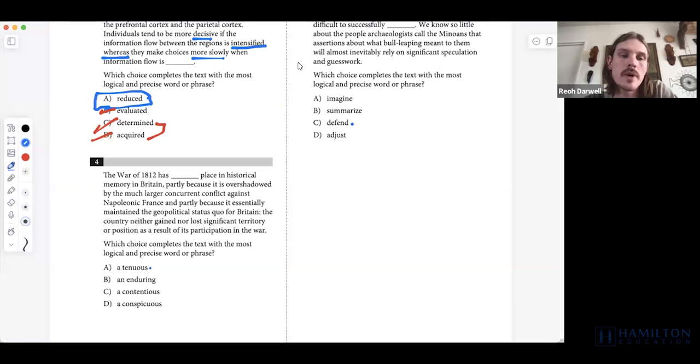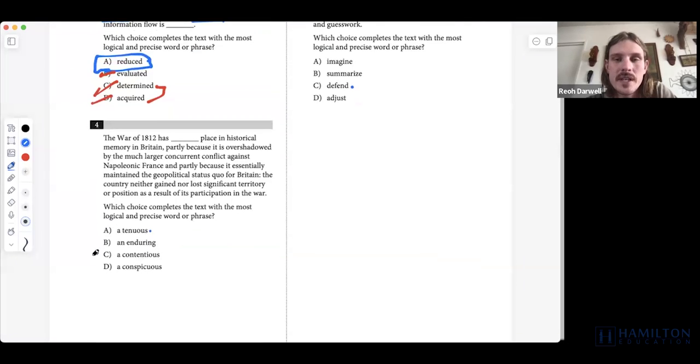Okay, 4 is a great SAT word and context question because this is exactly the kind of question we see very often. We see vocab that is fairly commonplace in everyday use, but nonetheless are words that I think many of us don't know off the bat, right?